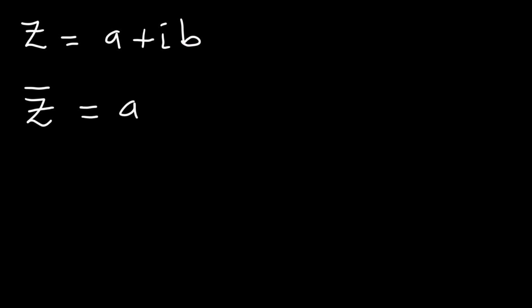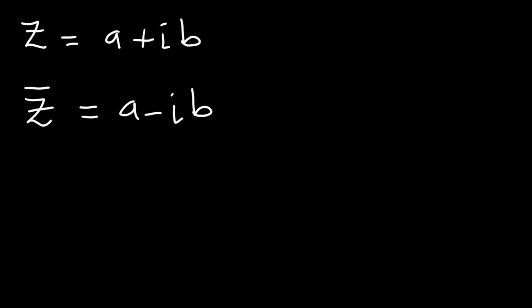Now let's look at the division of complex numbers. When it comes to dividing complex numbers, there is what we call the conjugate of a complex number. Let's say we have a complex number z equaling a plus ib. The conjugate of this complex number, which is z bar, will be equal to a minus ib.